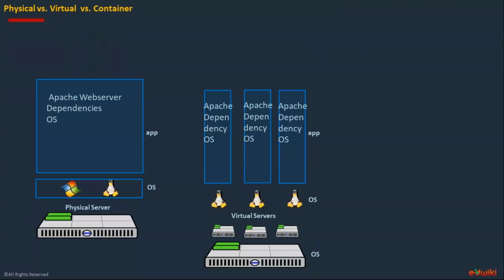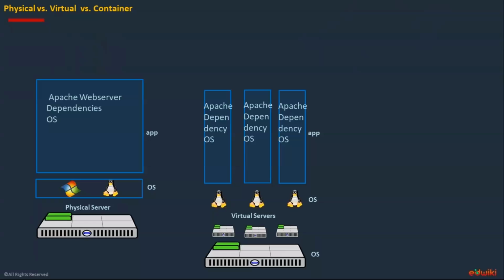We don't need to know the deeper details of how it works, but at a high level, virtualization means that the physical servers are actually divided into multiple servers. So each virtual server will be acting like a separate independent server, though that is not actually a separate server from the physical perspective, right?